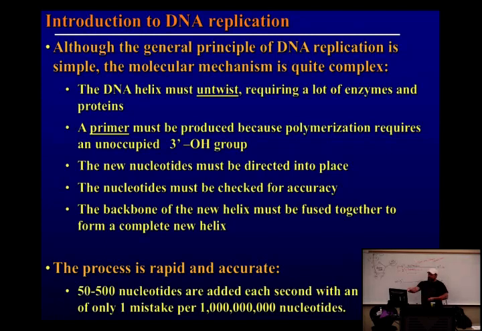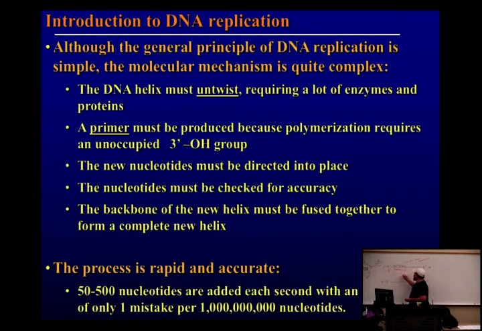So the first thing on this bullet list is that the DNA helix must untwist, and that requires enzymes and proteins. What's the enzyme that opens up the DNA, that untwists it? Helicase, right? It's named because of the helix. And then we have to put a primer down, which is a short complementary piece of DNA.